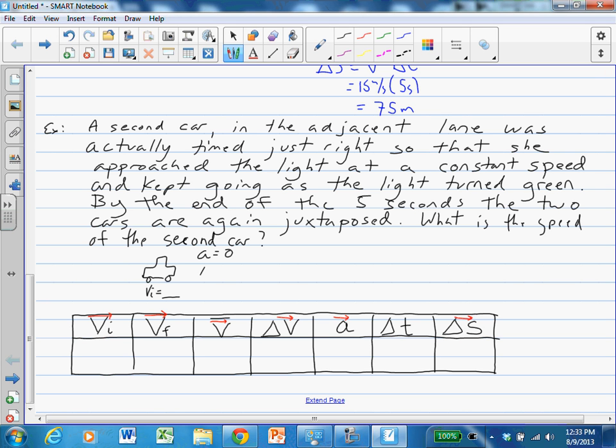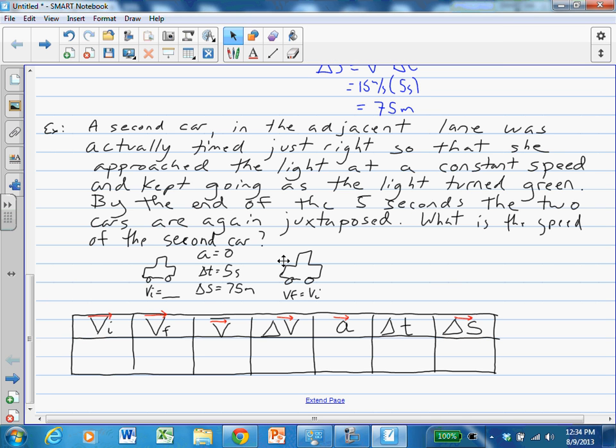Our time's going to be 5 seconds again, and we actually know 75 meters again, because it's going to go the same distance as the first one. So we know that this is 75 meters. We know this is 5 seconds. We know this is 0.